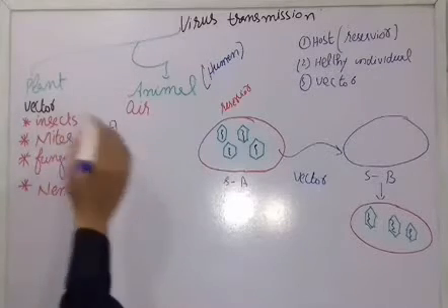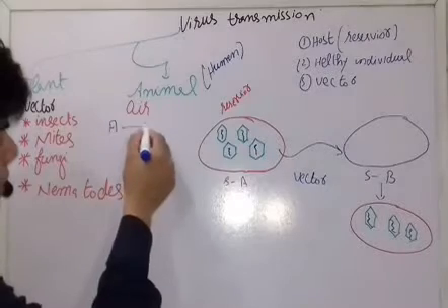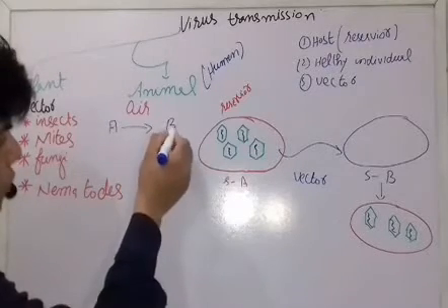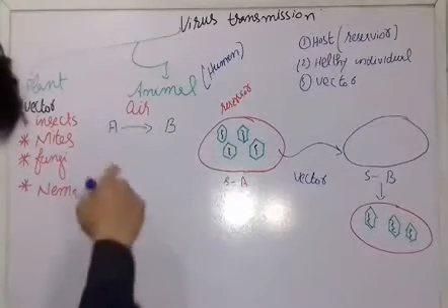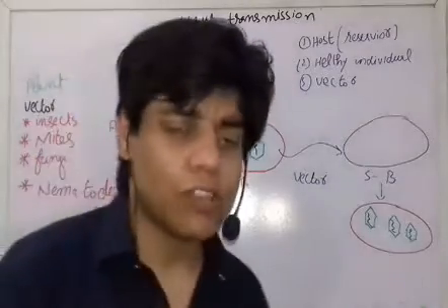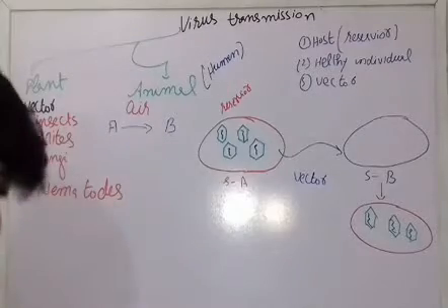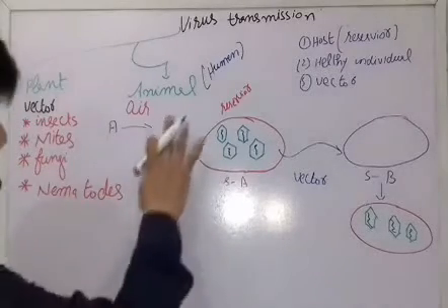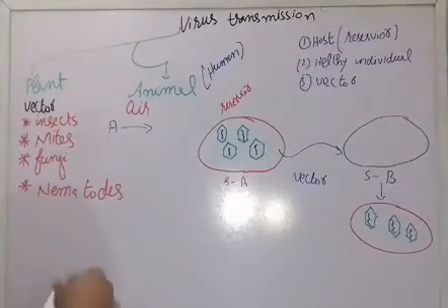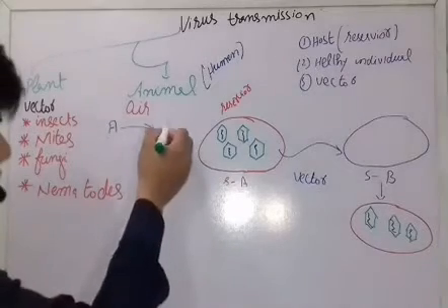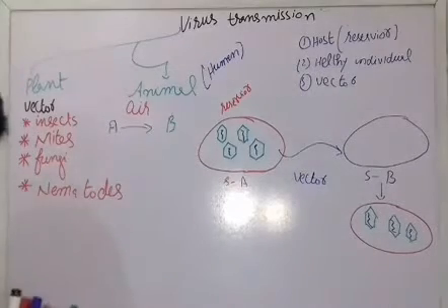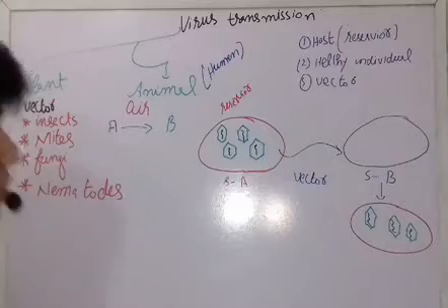Fine. So if there is another person present almost 5 feet away, let's suppose another person B, but this person B is actually healthy. Now this is infected and this is healthy. Let me represent this with green, so you can easily understand that the green one is healthy and the blue one is infected.